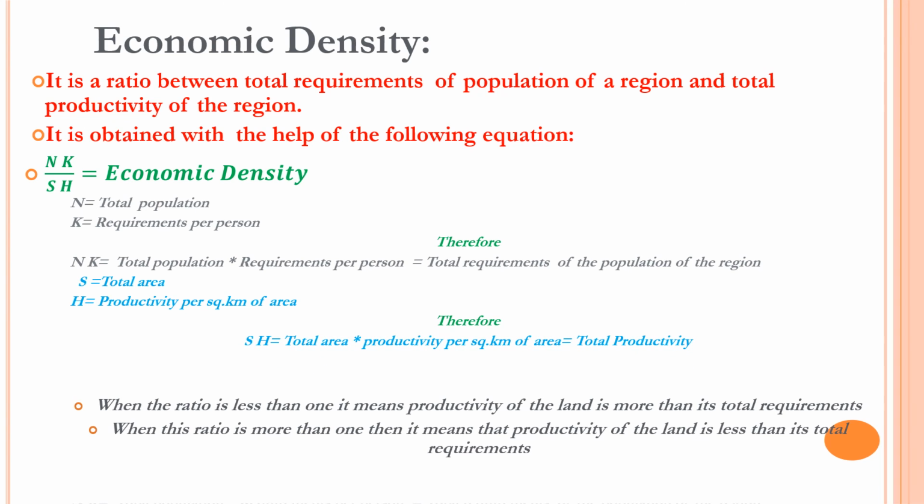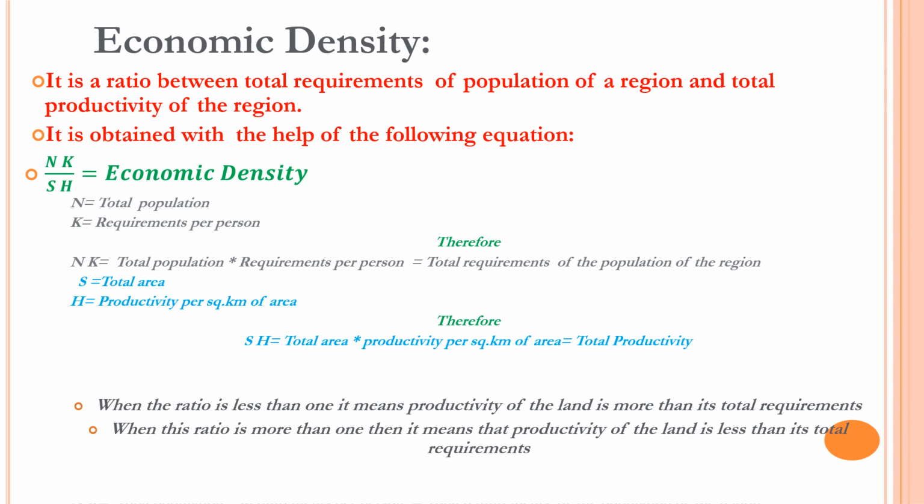When the ratio is less than 1, it means the productivity of the land is more than the total requirement.